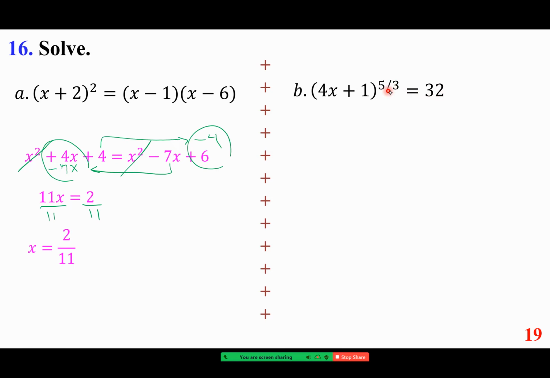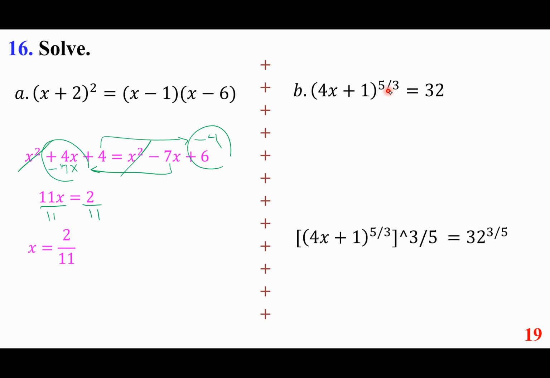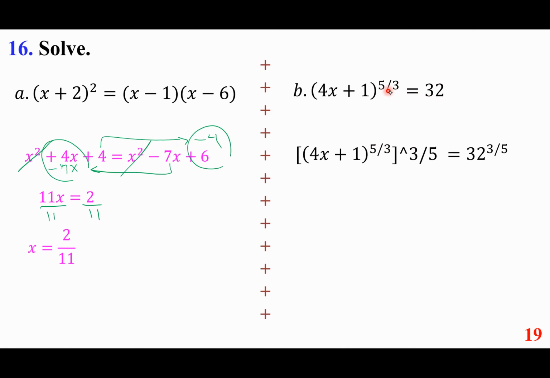And that would be raising it to the power of its reciprocal, which is 3/5. So if we raise both sides to the power of 3/5, the left side becomes 4x plus 1.